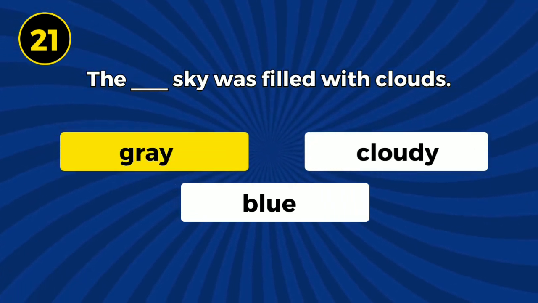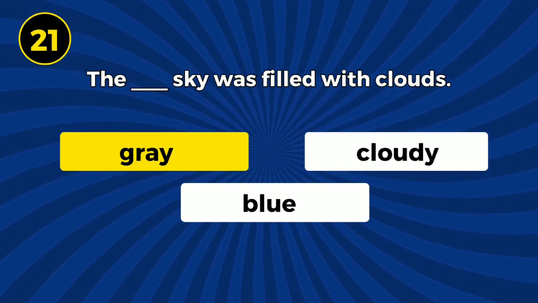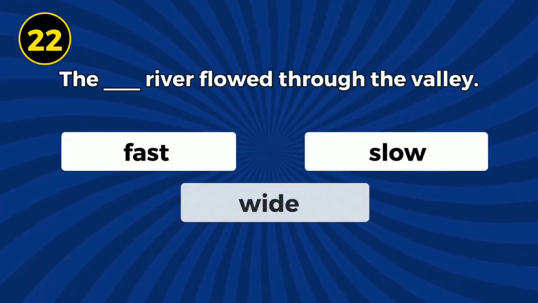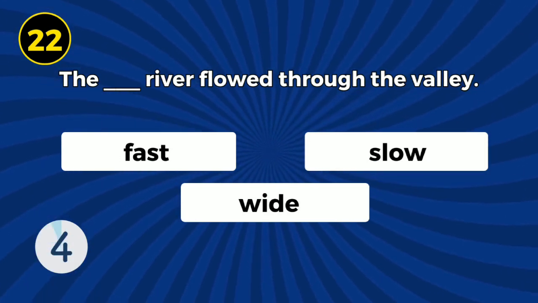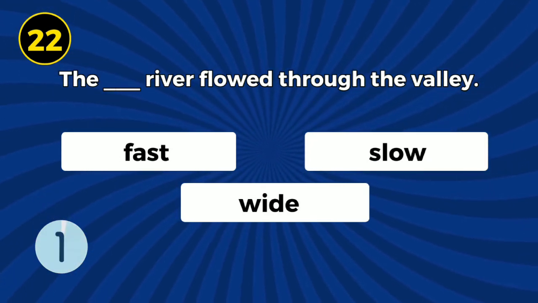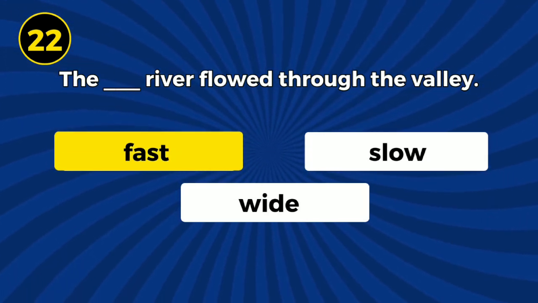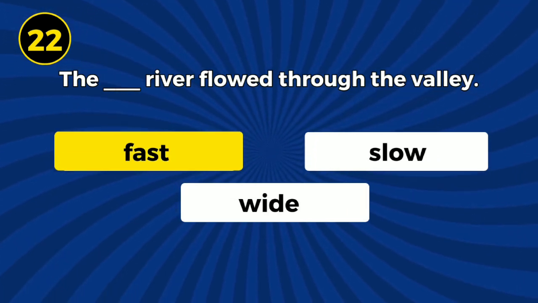The grey sky was filled with clouds. The fast river flowed through the valley.